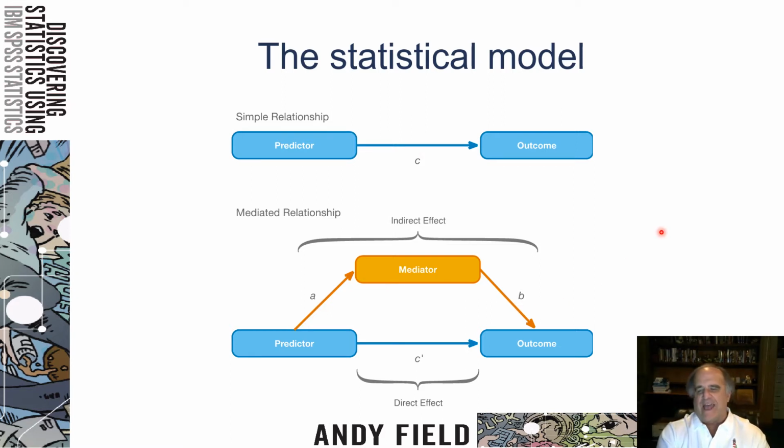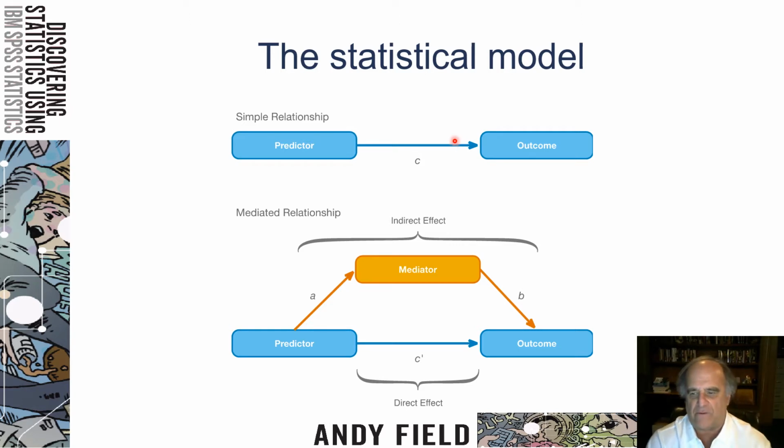That doesn't always happen, or maybe even usually happen. Usually, we end up with an indirect effect and a direct effect. Now, another interesting aspect of this would be, what if there is no predictor-outcome relationship?